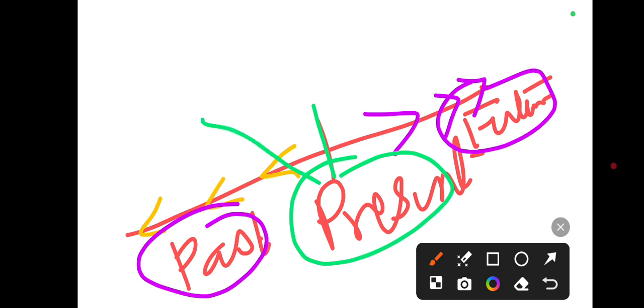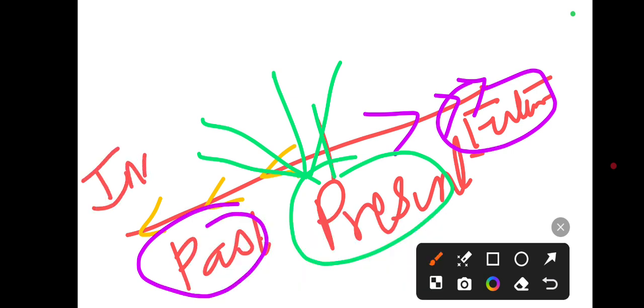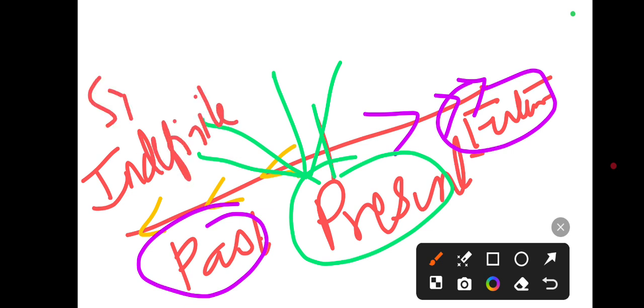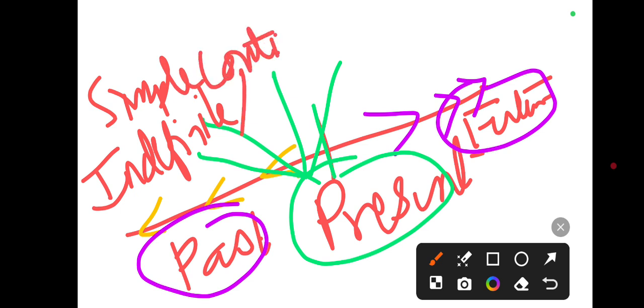Now, for present, there are four types of tenses. Number one is indefinite or simple, same thing, simple. Number two, continuous. Number three, perfect.